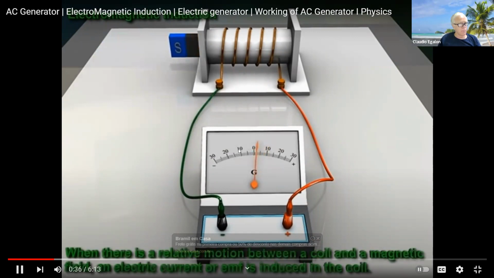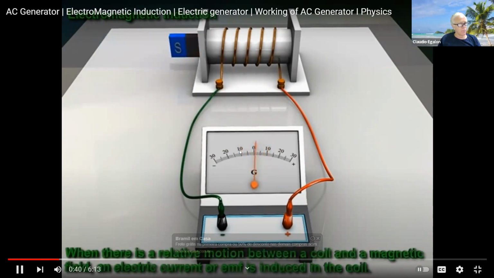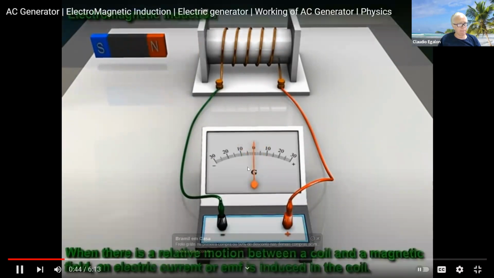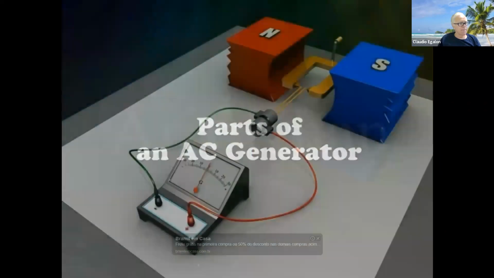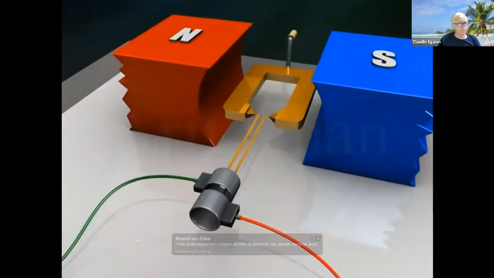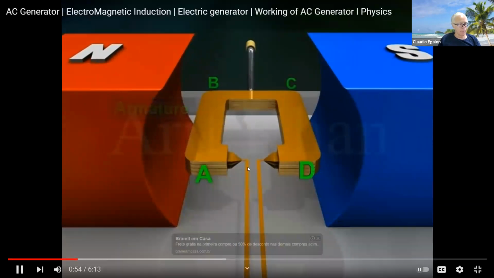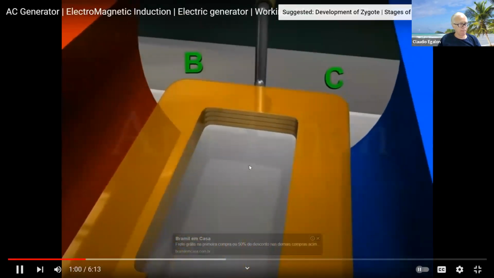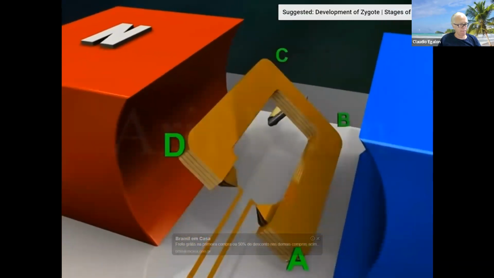When there is a relative motion between a coil and a magnetic field, an electric current or EMF is induced in the coil. Parts of an AC generator. An AC generator has an armature ABCD. It is a rectangular coil with many turns wound around a soft iron core. A shaft. It can be rotated rapidly.